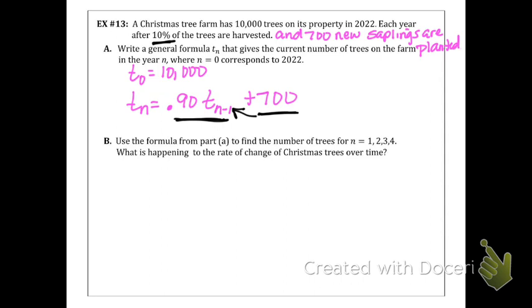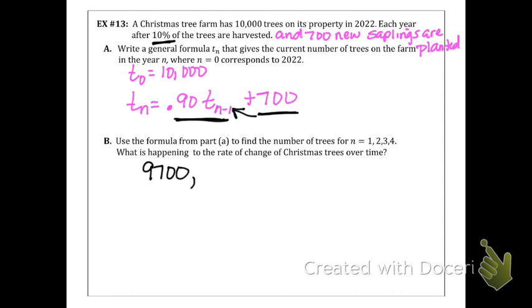B says use the formula from part A to find the number of trees for n equals 1, 2, 3, 4. What is happening to the rate of change of Christmas trees over time? So we know in year 1 that if we take 90% of the 10,000 plus 700, we're going to end up with 9,700.